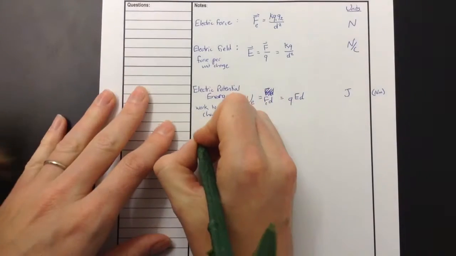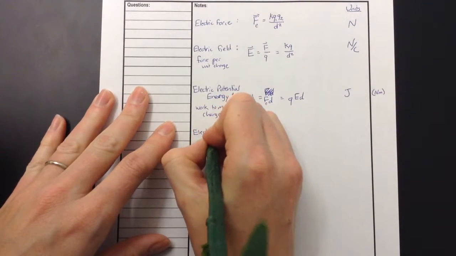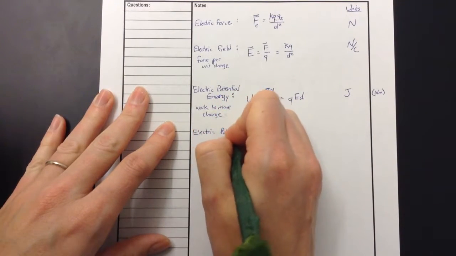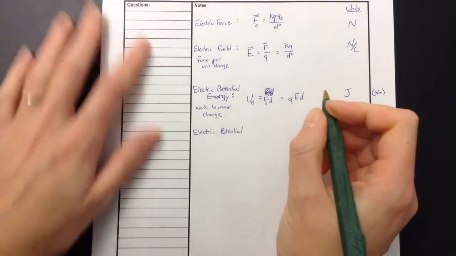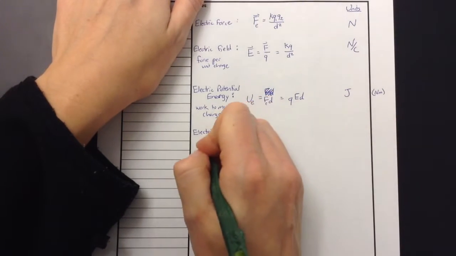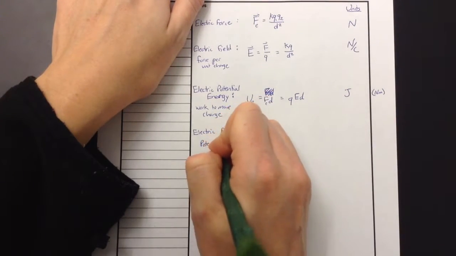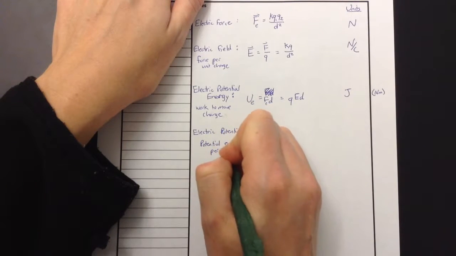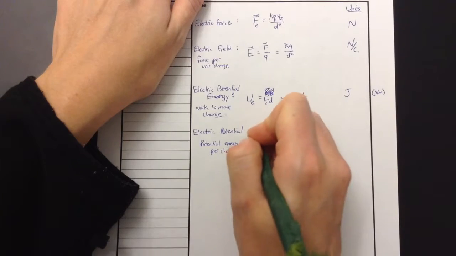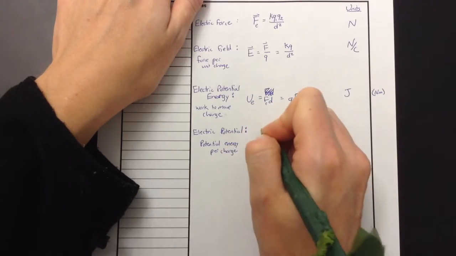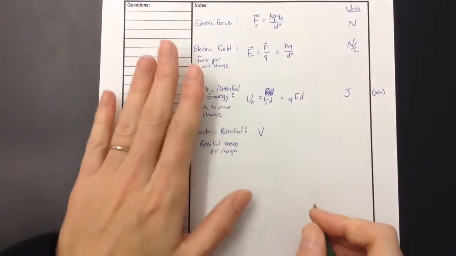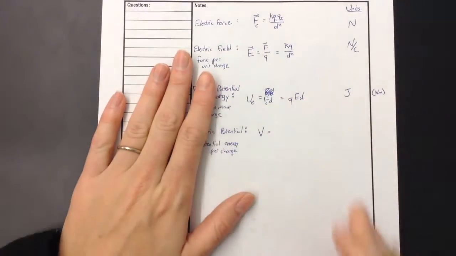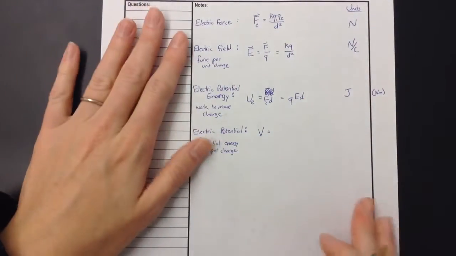Now, that was electric potential energy. The electric potential, this is where it gets tricky. This is the potential energy per charge. And what we use for this is V. V also stands for a variety of other things, so you have to try really hard to keep these straight.